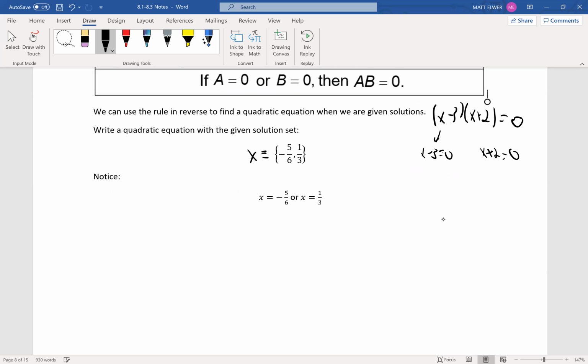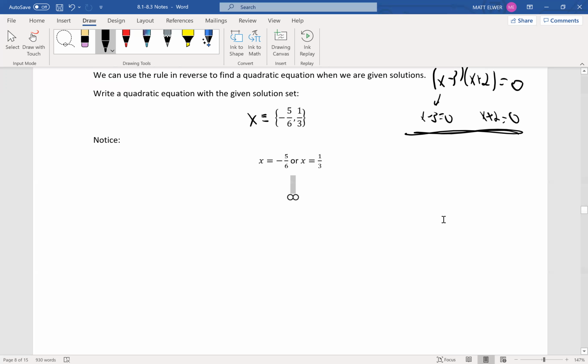I want to write these equations to look something like this: x plus or minus something is equal to 0, and then x plus or minus something is equal to 0. So on the first one, this is just x plus 5/6 is equal to 0. And then this is x minus 1/3 is equal to 0.